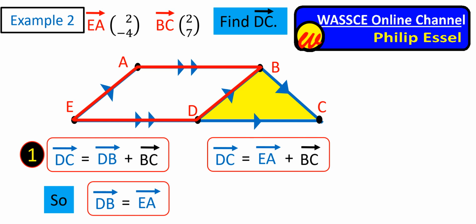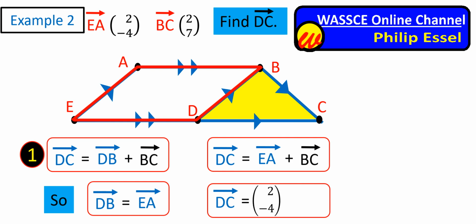At this point, we know the vector EA, we also know the vector BC. So let's just substitute them into the equation to find our vector DC. When we do this, our vector DC will be equal to the vector EA, which is (2, -4), plus the vector BC, which is (2, 7).